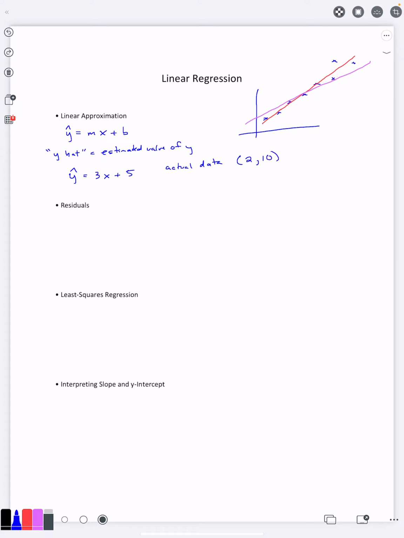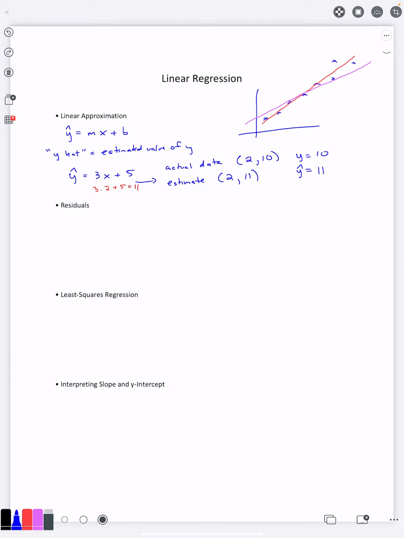Well, we would now use this approximation and we would estimate that when you plug in an x value of 2, let's do the little calculation here, 3 times 2 plus 5, we would approximate and get 11 there. So the actual y is 10. The approximation value, the estimated value, in this case y hat, is 11. So once you have your equation, you can plug in your different x's and get your approximated values, your estimated values, whatever you want to call it here.